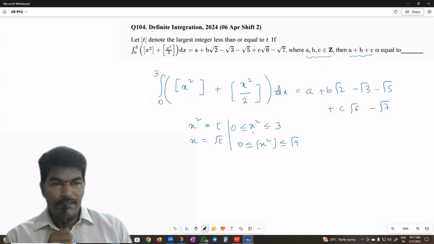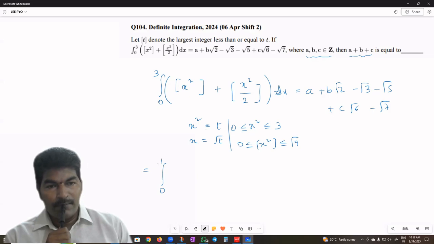So integer by integer, you have to expand this entire problem. Starting with √1, which is 1 only, but we will write √1. From 0 to √1, what is the step value? 0 only, dx. In this way you should write, remember.